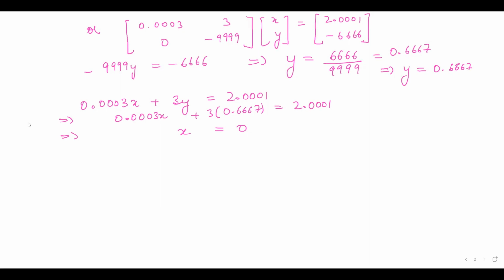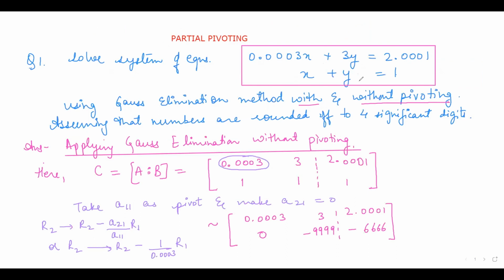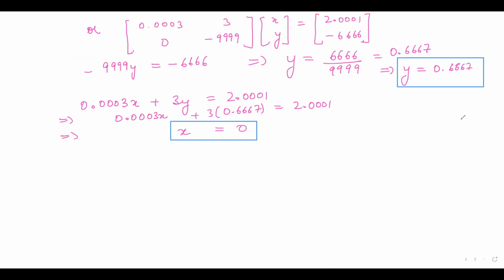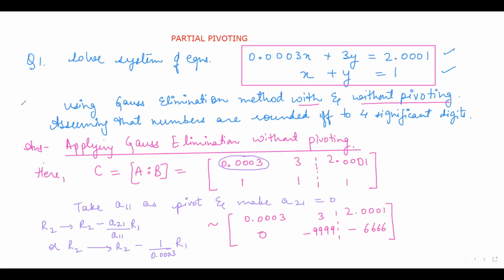This is why we say that we need to perform partial pivoting. If you substitute x is equal to 0 in the system of linear equations, let us consider this one. When you put x is equal to 0, is y equal to 1? No, we are not getting y equal to 1. We are getting y as 0.6667. Don't round off. We are just asking, is it a correct solution?